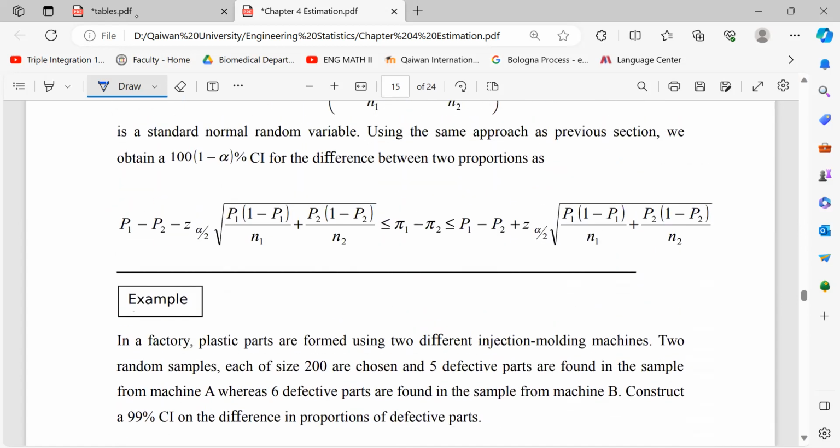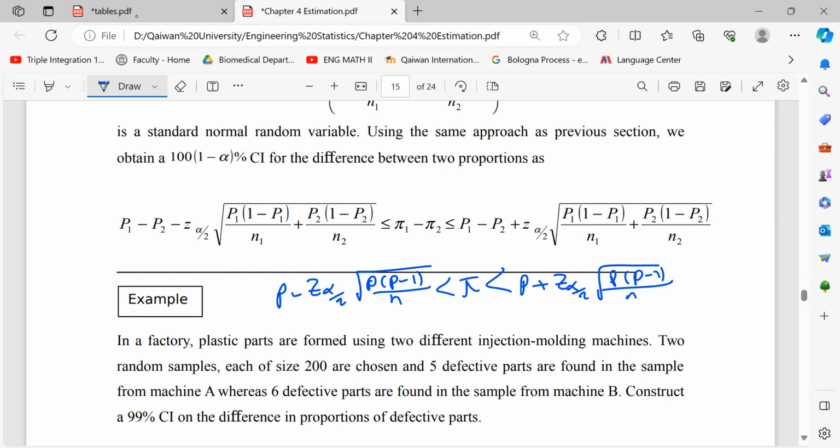We use this rule. In the previous one, if we have only one population proportion, it is P minus Z of alpha over 2 times square root of P times (1 minus P) over N, less than pi, less than P plus Z of alpha over 2 times square root of P times (1 minus P) over N. This is the rule of the proportion for one population.